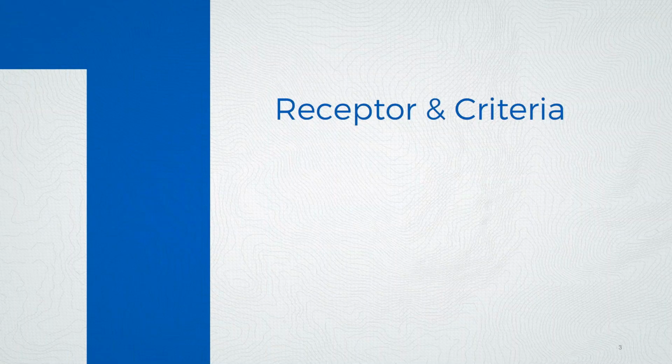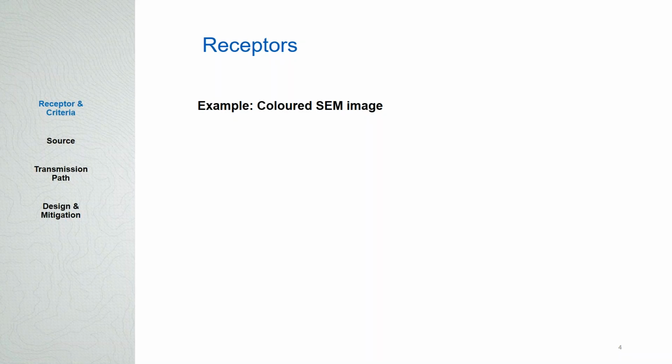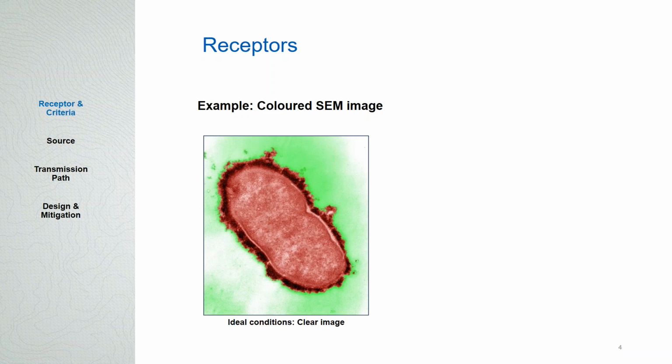So let's start by talking about the receptor and the criteria. The image I like to start with when we're doing these sorts of presentations is a colored scanning electron microscope image. I have a couple of images that I'm going to show here. The first is shown here on the left, and it's an image of an E. coli bacterium taken under what I'm going to call ideal conditions, so very, very low levels of vibration.